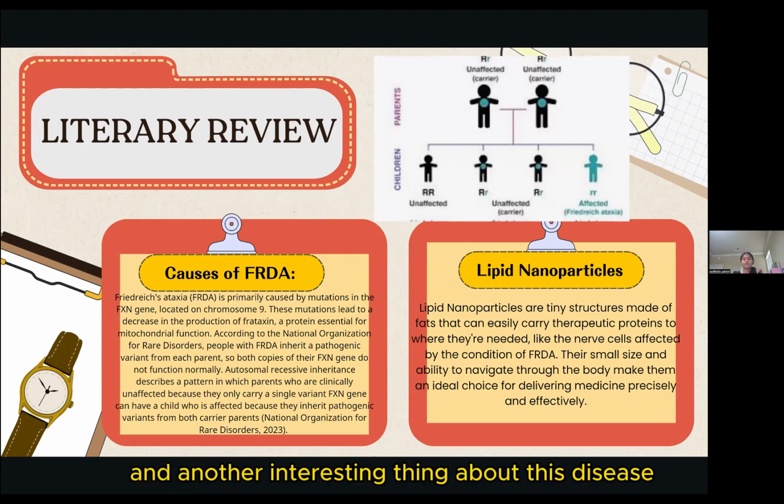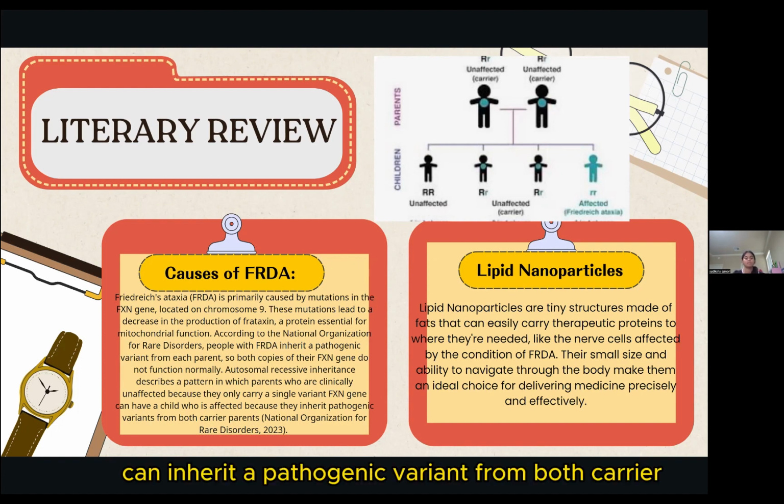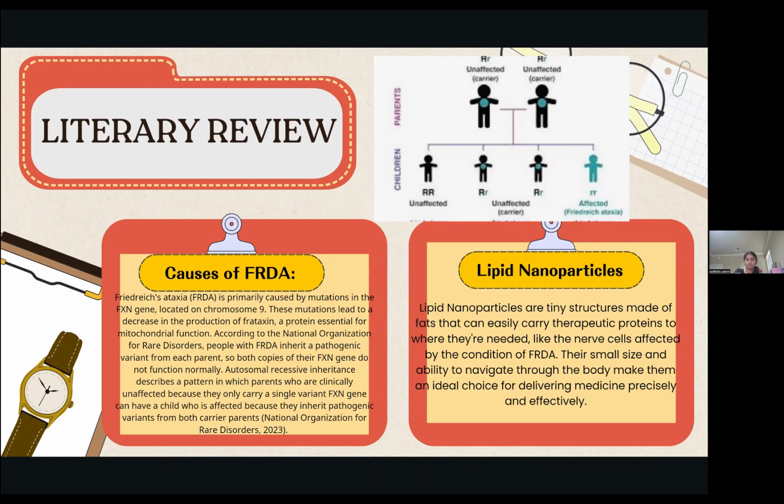Another interesting thing about this disease is that it's really rare because it is an autosomal recessive disorder, meaning both of the parents are clinically unaffected by this disease, and they both carry a single variant of the FXN gene. And the child potentially can inherit a pathogenic variant from both carrier parents.